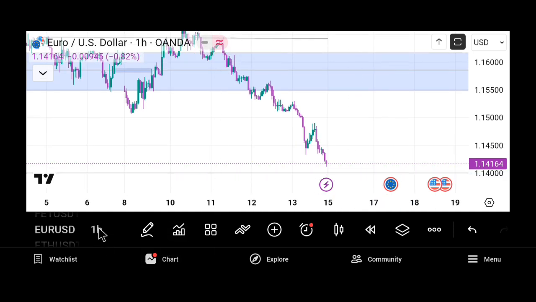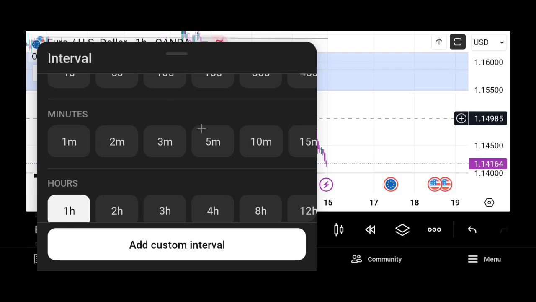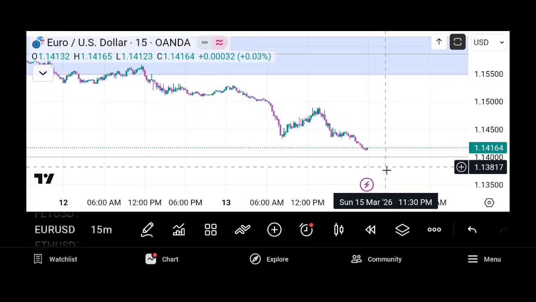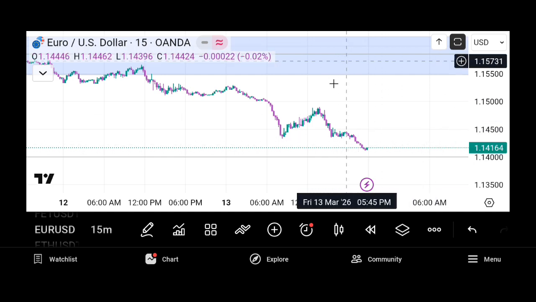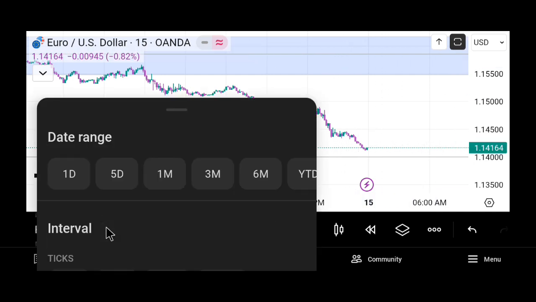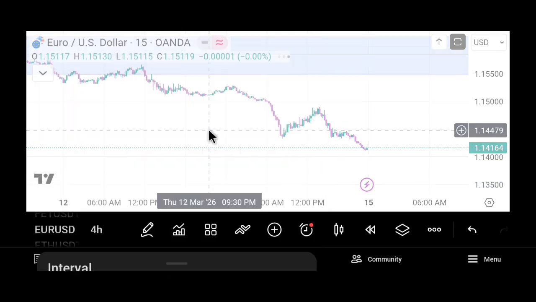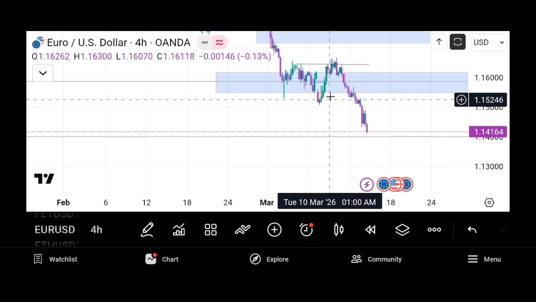So on the 15 minute, we have everything still very bearish, and that zone is where we should be looking for a sell from, or the market just drops impulsively. You should look for a sell from this zone.